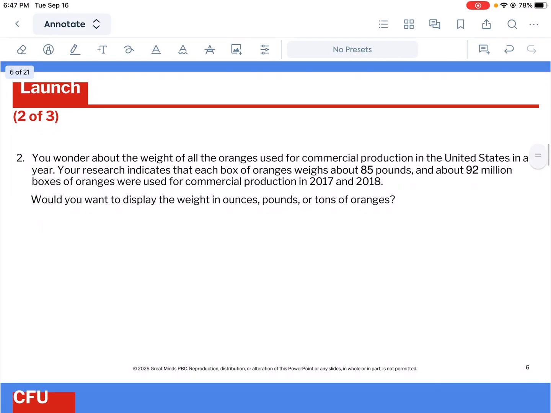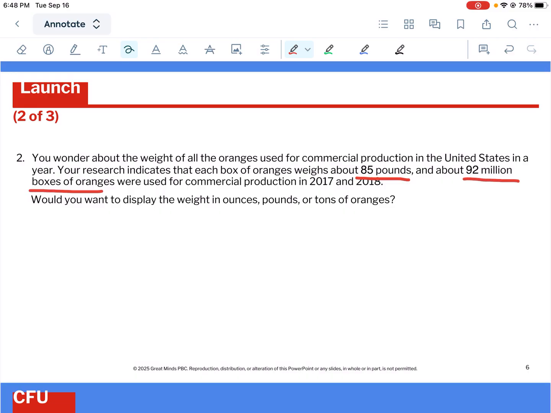For number 2, you wonder about the weight of all the oranges used for commercial production in the United States in a year. Your research indicates that each box of oranges weighs 85 pounds. Underline that. Annotate. And about 92 million boxes of oranges, underline that.